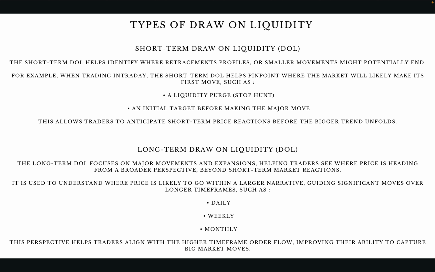So if you're bullish, the short-term drawn liquidity helps pinpoint where the market will likely make its first move. So for example, you have your short-term drawn liquidity and price reaches it on Tuesday. You can say to yourself, all right, so that's a classic expansion week incoming. And this might be the low of the week. All right.